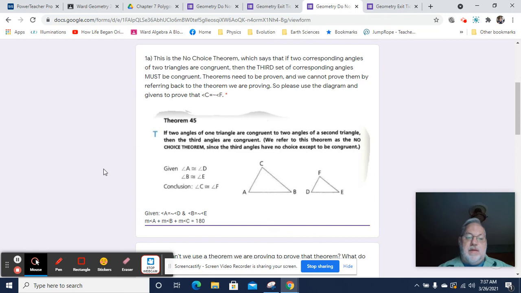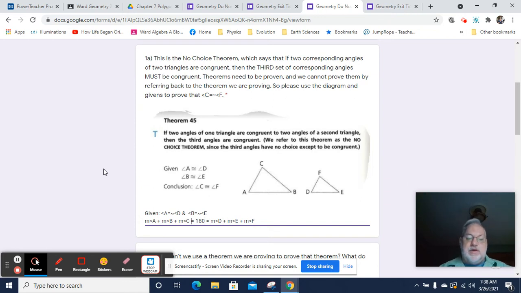And by the same reasoning, we can add on the other side of that equal sign that the measure of angle D plus the measure of angle E plus the measure of angle F also equals 180.